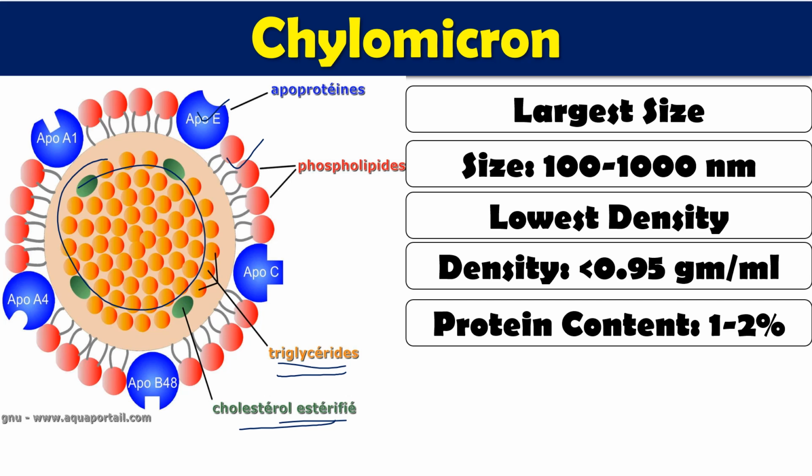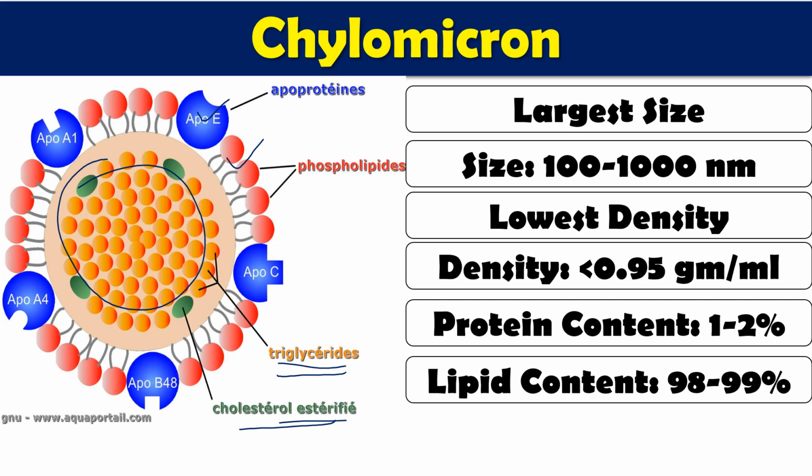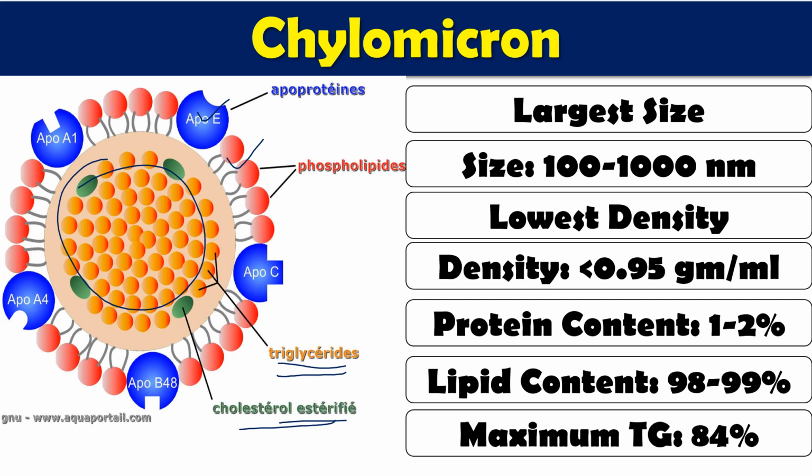Going further to other lipoproteins like VLDL, LDL, HDL, the protein content slowly increases, so their density increases and size decreases. Protein content is roughly 1 to 2%, and lipid content is 98 to 99%, and maximum of this lipid, 88 to 89%, is triglyceride.